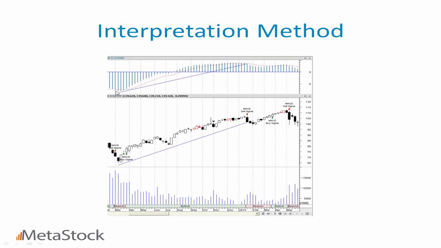But when this cross happens, you're anticipating that you're going to start to get more bullish. When it crosses back down below, when we start to get to the top of this trend, you're going to get a sell signal because the market is topping and you're anticipating a bit of a sell-off. In this case, it came back up. It isn't perfect, but that's the way you would trade that.